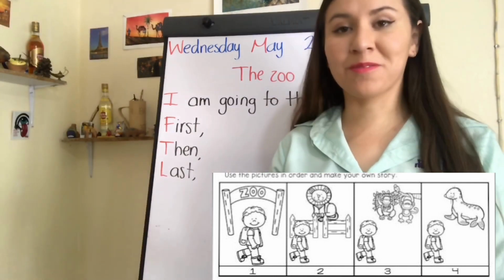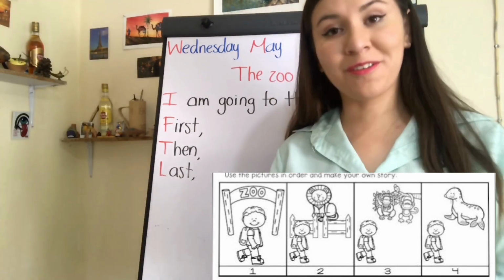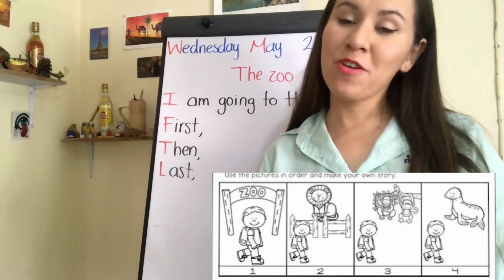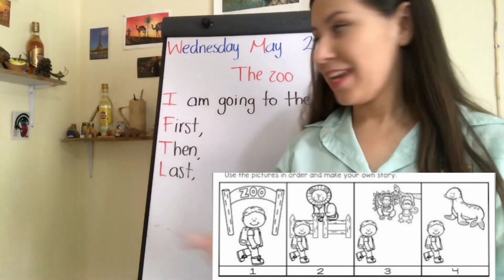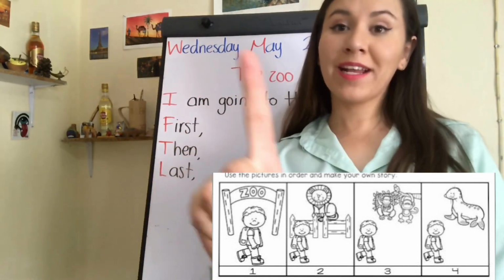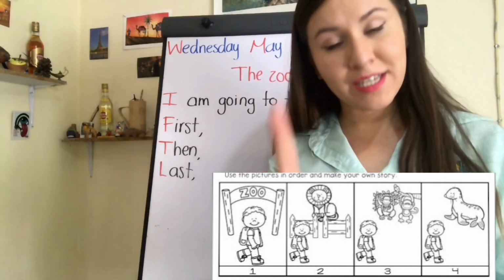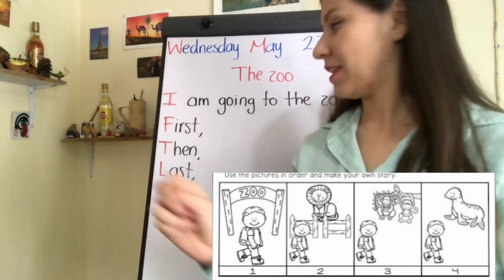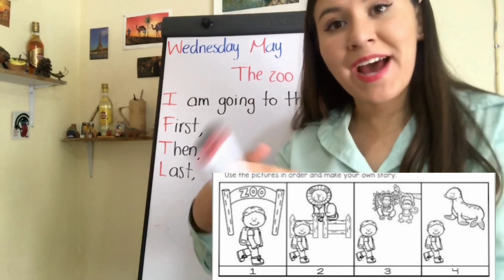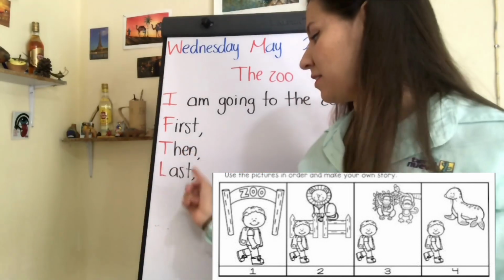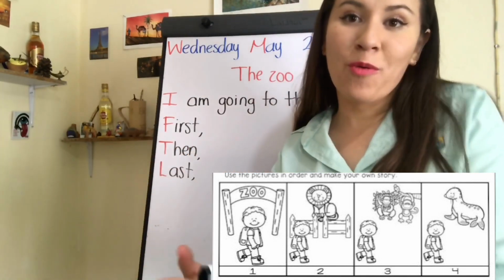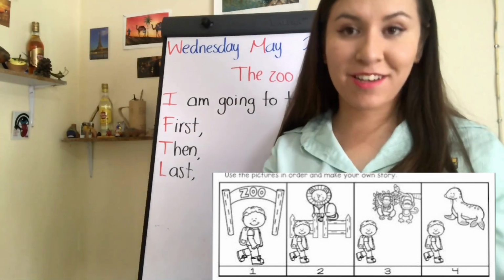When you want to write a story or something about an event, you have to follow an order. In this case, first, what was the first thing that you did in your event? Then, what happened in the middle? And last, what happened when you finished your event?